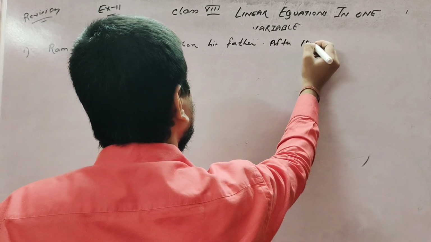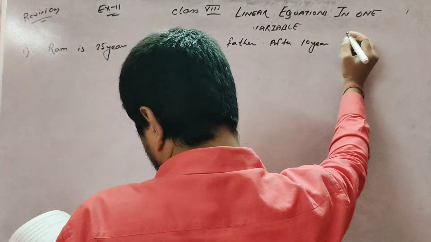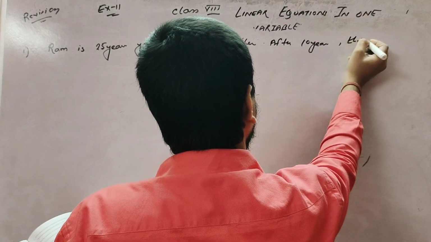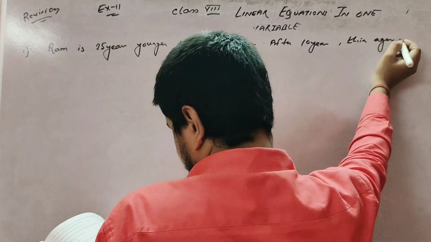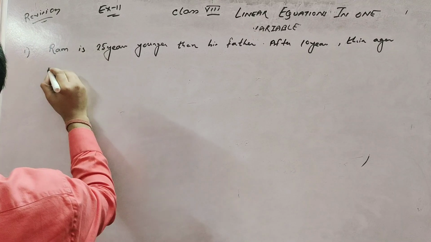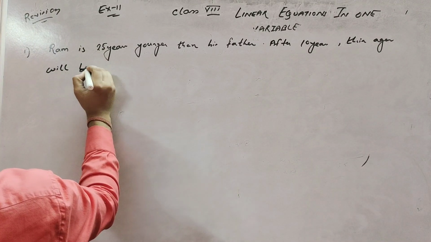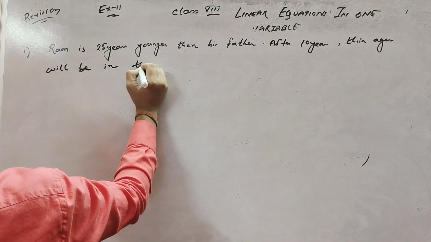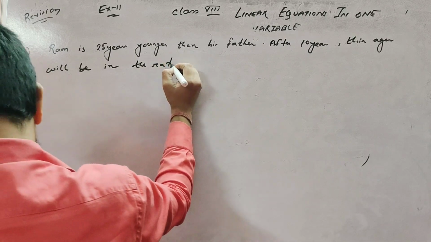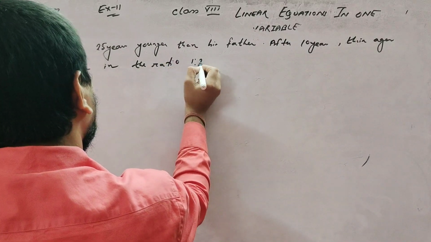After 10 years, their ages will be in the ratio 1:2.